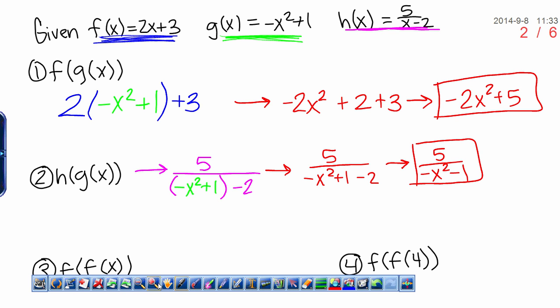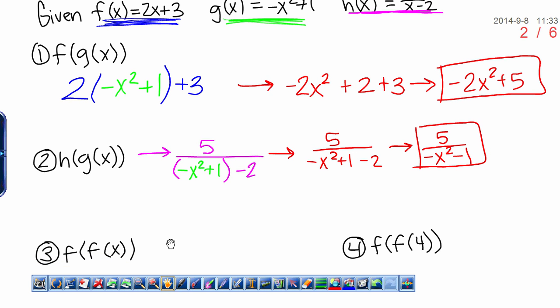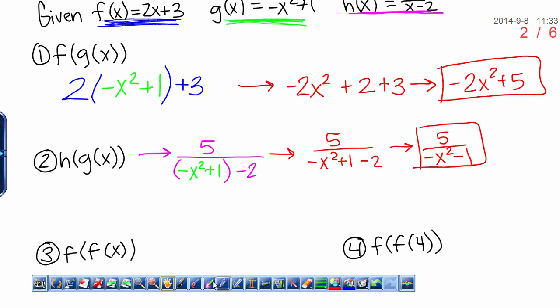Okay, let's try 3. f of f of x. What do you think? 2x plus 3 plus 3. Good.